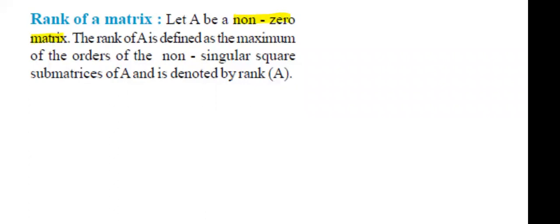The rank of A is defined as the maximum of the orders of the non-singular square submatrices of A, and it is denoted by rank of A. Then how to find the rank of a 2 by 2 matrix, 3 by 3 matrix, 2 by 3, 3 by 4? I will explain.